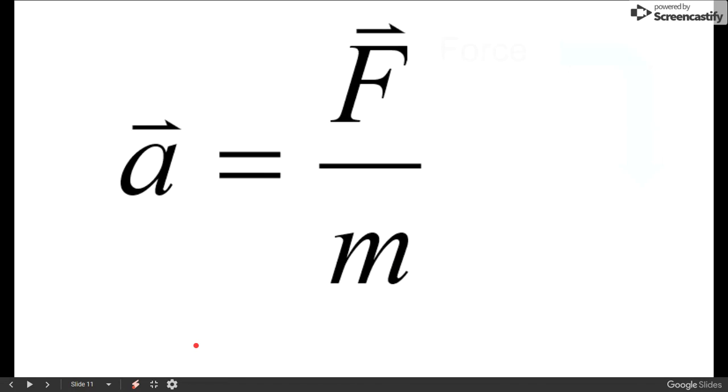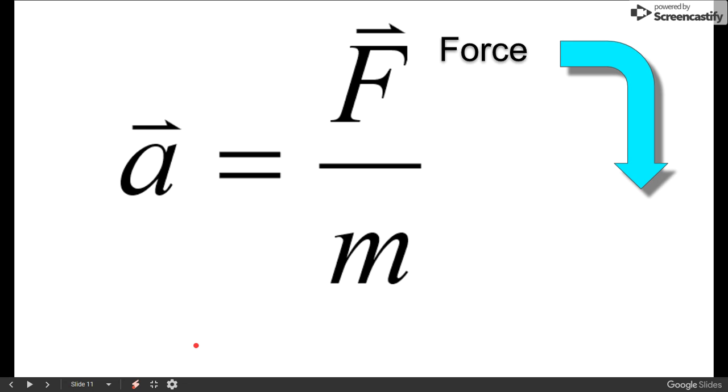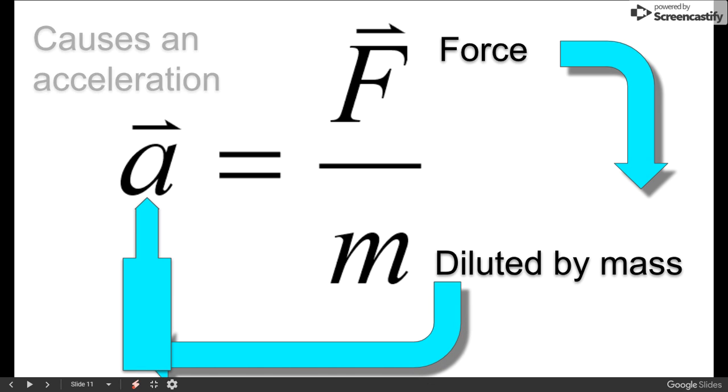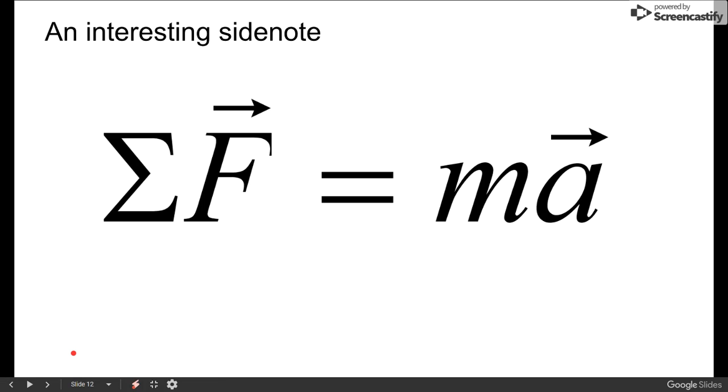So once again, a force diluted by a mass it's acting on causes an acceleration. And that's really important to understand this. Forces cause the acceleration, and the acceleration is diluted down by the mass of the object.